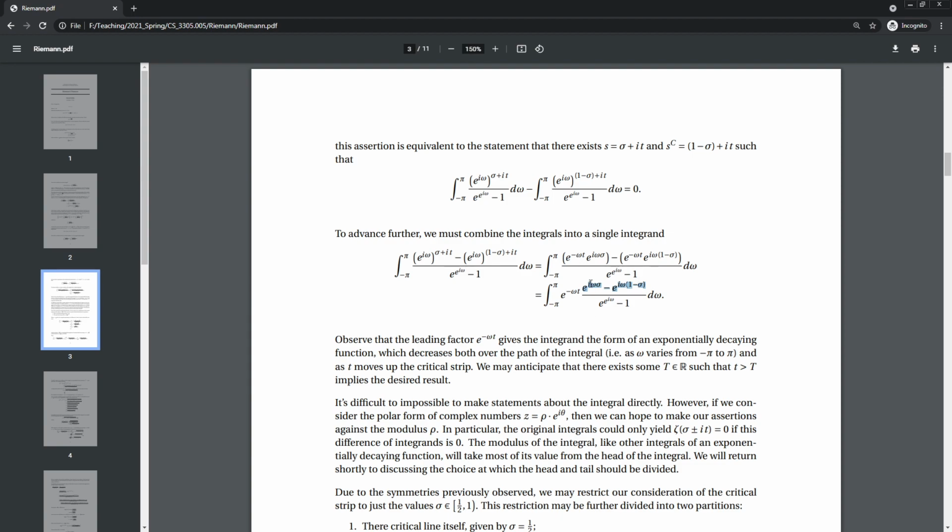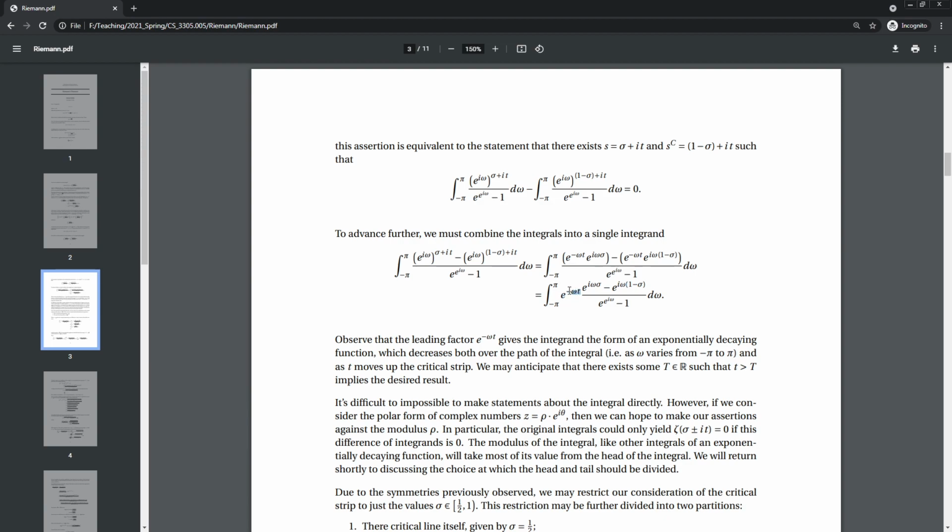So this is finite, readily understood. This is the same thing every time. It doesn't matter what the inputs are. This doesn't vary with respect to sigma or with respect to t. The denominator just has this path that it follows as omega ranges from negative pi to pi. So that's fairly regular. And then out here we have this exponential decay.